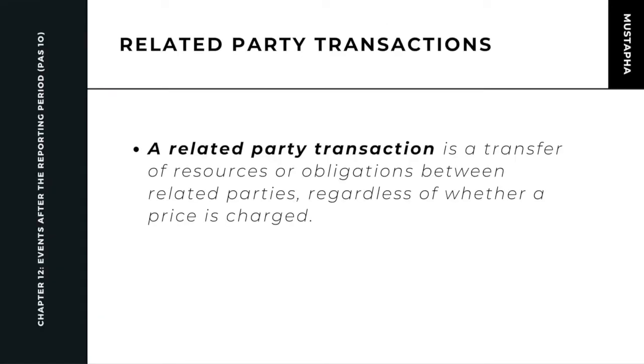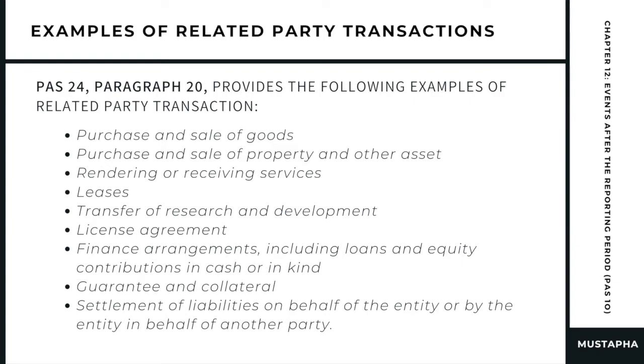Related party transactions. A related party transaction is a transfer of resources or obligations between related parties regardless of whether a price is charged. Nine examples of related party transactions. The first one is purchase and sale of goods. Second is purchase and sale of property and other assets. Third is rendering or receiving services. Fourth is leases.